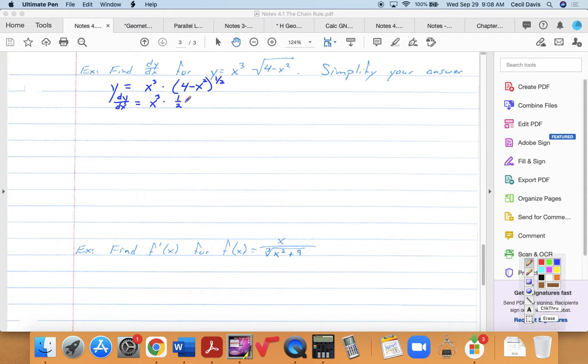So that'll be 1/2 of 4 minus x squared raised to the negative 1/2. So we've done the outer part, times the derivative of the inner part, which is negative 2x, plus, now we'll keep the second factor, 4 minus x squared to the 1/2 power, times the derivative of the first factor, which is 3x squared.